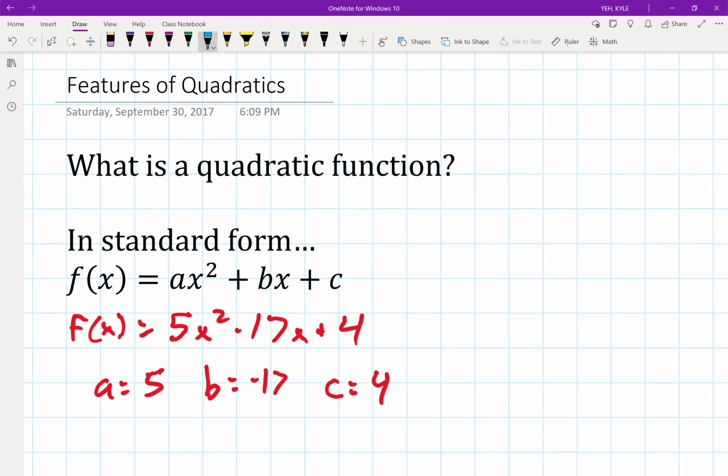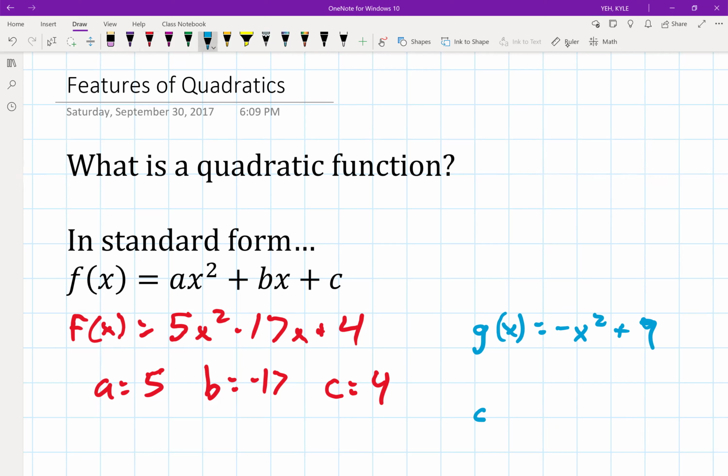Let's do one more. I'll name this function g of x. Remember the function names can vary. Equals negative x squared plus 9. And you might be thinking to yourself, wait, standard form needed a number of x's as well, a bx.